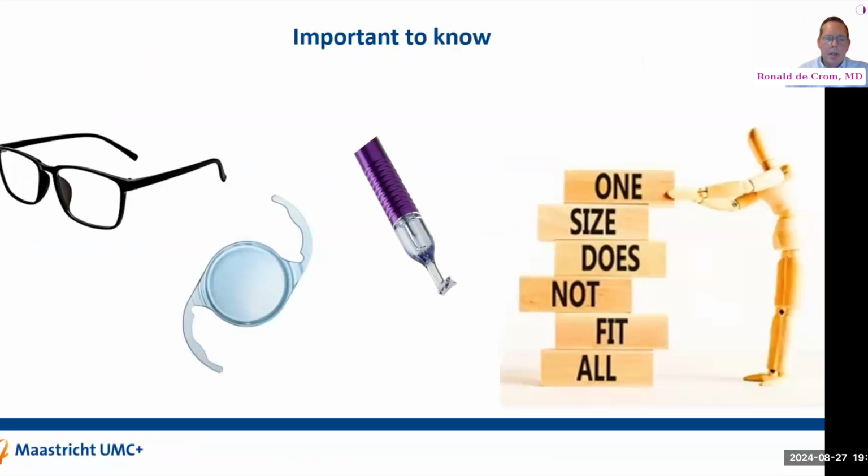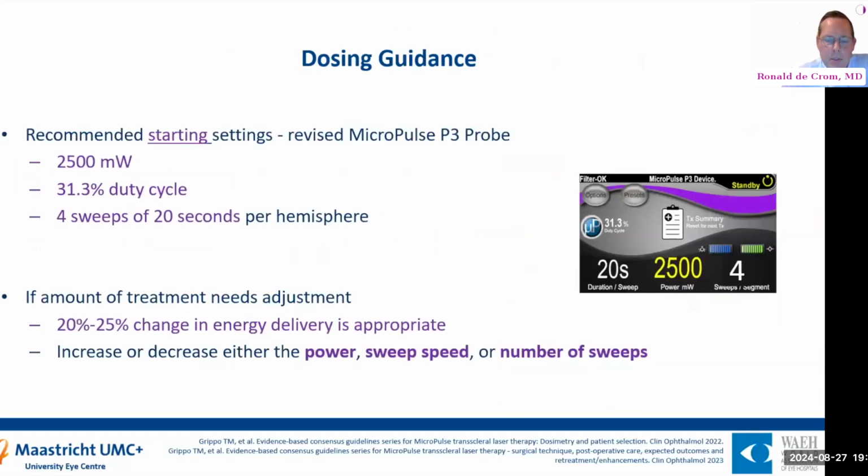For all the patients you treat, it is important to know that, just like glasses or intraocular lenses, with MicroPulse TLT one size does not fit all. You have to think about the settings, because, as Thomas just mentioned, the settings you use are very important for the treatment effect you can reach.